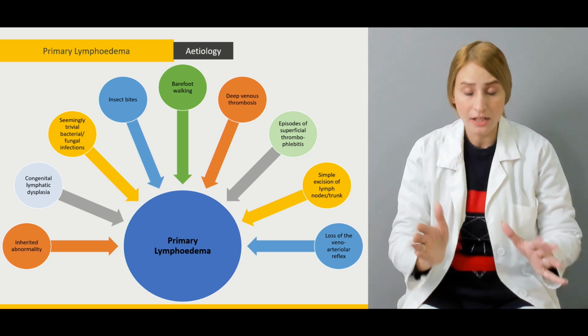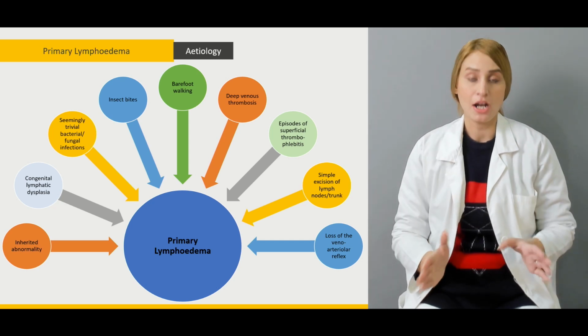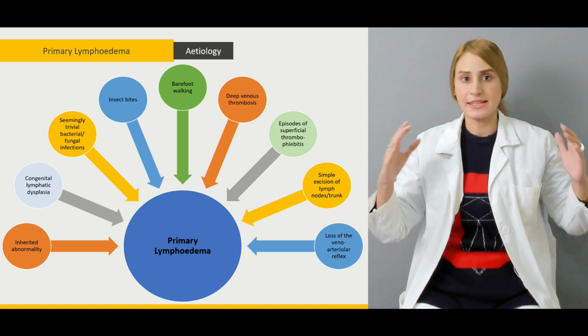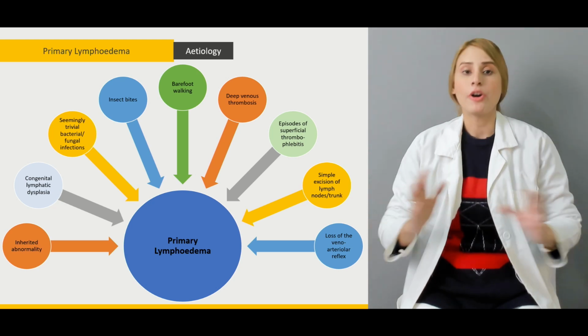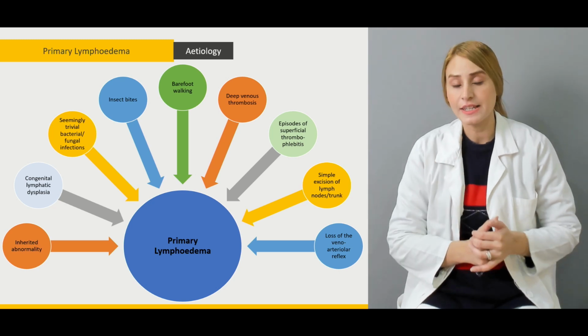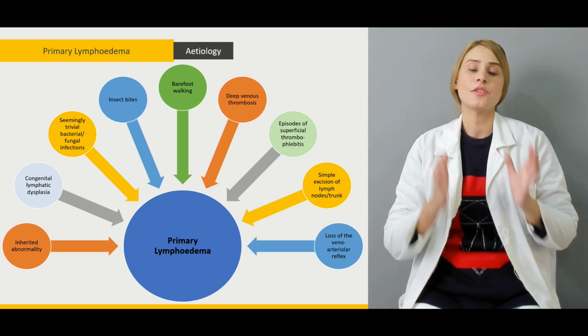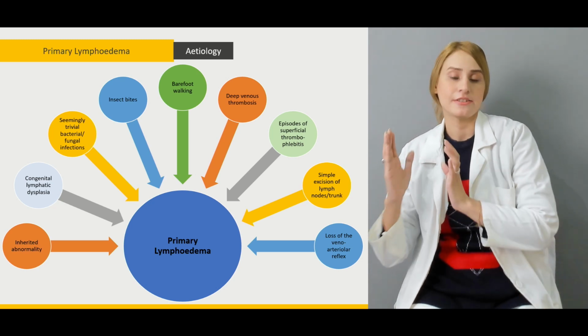So one thing you need to remember is that primary lymphedema is the condition in which the cause is either unknown, or you consider that the cause may be congenital lymphatic hypoplasia or congenital lymphatic dysplasia.